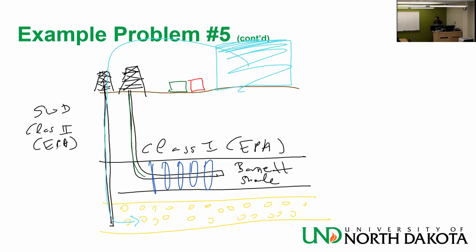I don't know how long EPA will still exist, but this is how they call them. Class 6 is the carbon sequestration well, and there are others in between. But if you go to conferences, you may hear this term. That's why I want you to be familiar with them. I'm not gonna test you on this stuff.